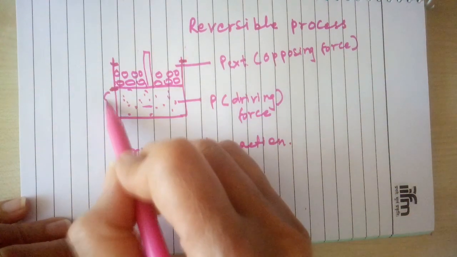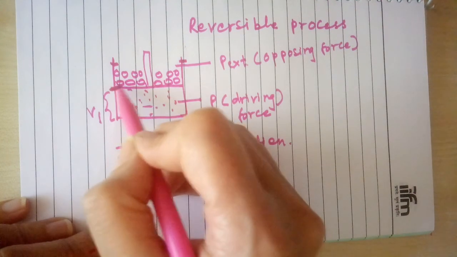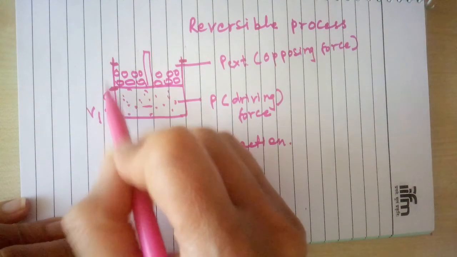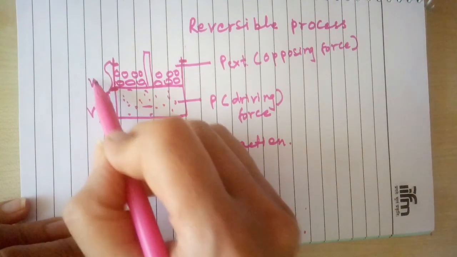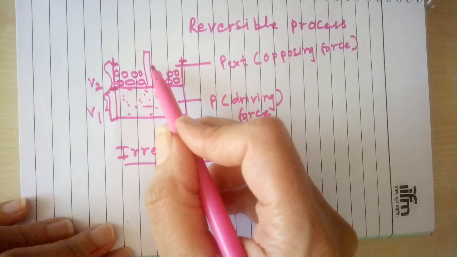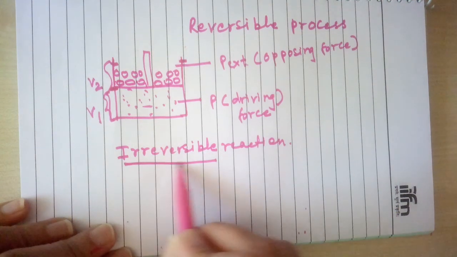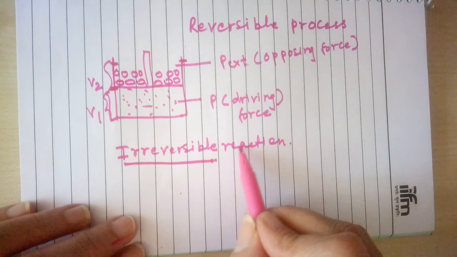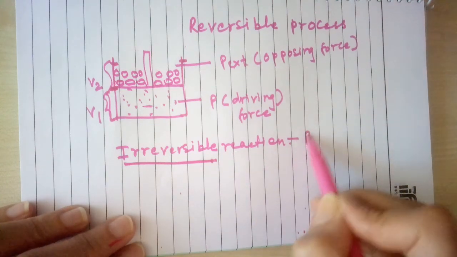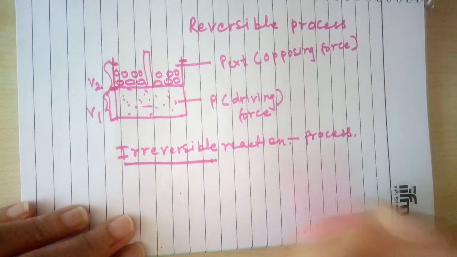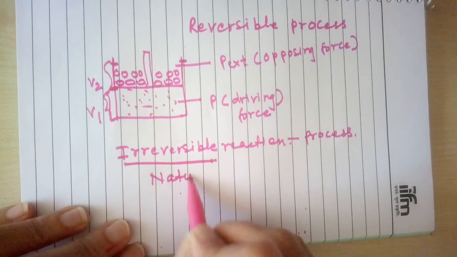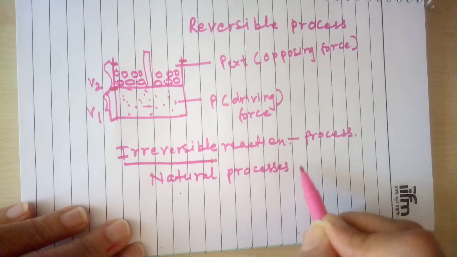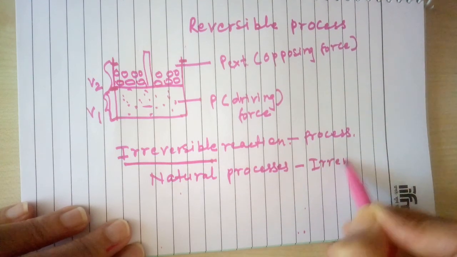So initially this volume is V1, and after removal of this whole weight, V1 changes to V2. So there is a sudden expansion of gas. Such type of reaction is called an irreversible reaction or irreversible process. Most of the natural processes are always irreversible ones.